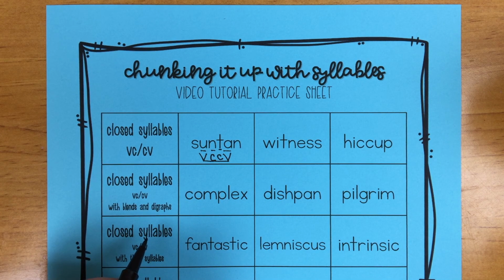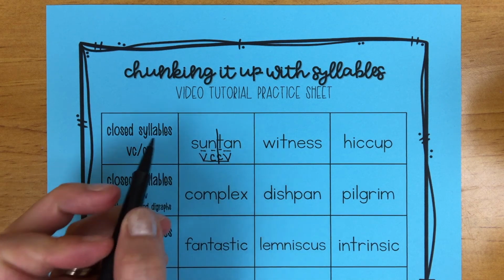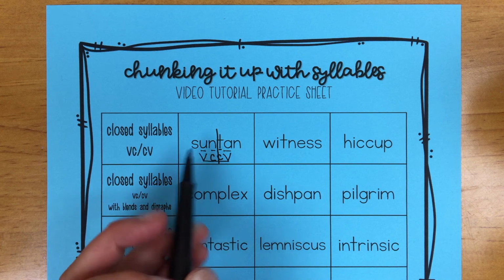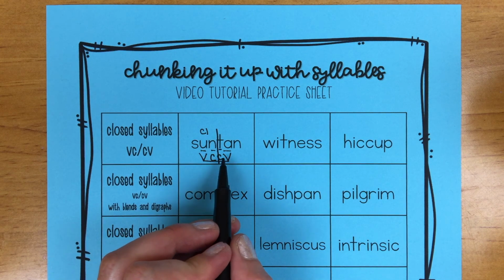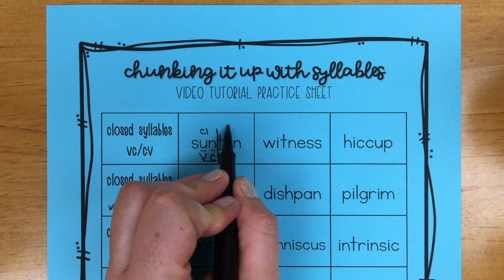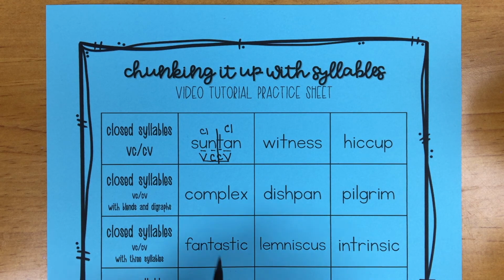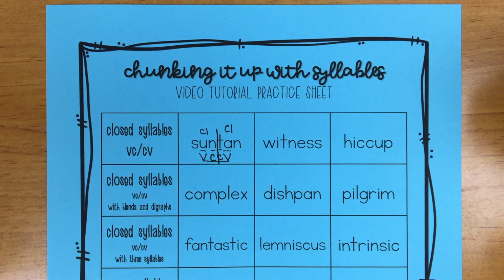When we have 2 consonants, we can just divide between them. Then we can look at each syllable. My vowel is closed in by the consonant, and over here my vowel is closed in by the consonant. So I have the word suntan with 2 short vowel sounds.